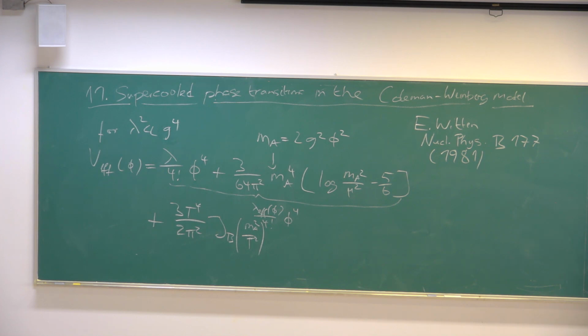Log of T squared over mu tilde squared, plus 3 over 24 a squared. And mu tilde is just a redefined version of the renormalization scale mu.